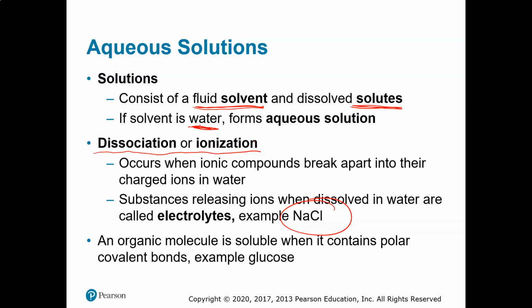That's when an ionic compound breaks apart into its individual ions in water, and those types of substances we call electrolytes. We drink Gatorade or we give our children Pedialyte, which are drinks that contain not only water but also electrolytes that we can lose when we exercise and sweat.